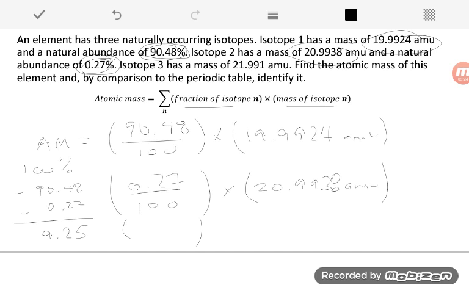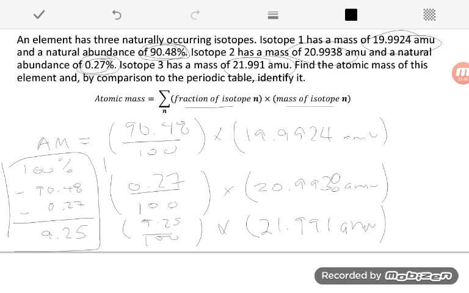So that must be the natural abundance of my third isotope, 9.25, and so I put that over 100. So just keep in mind these percentages have to add up to 100. If you're missing one, you can figure it out from the others. So I do that, and again I multiply it by 21.991 AMU, which is his mass.